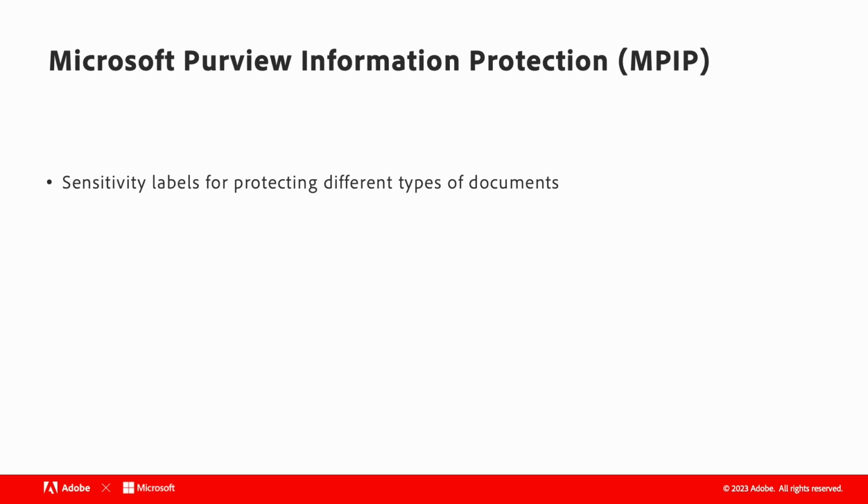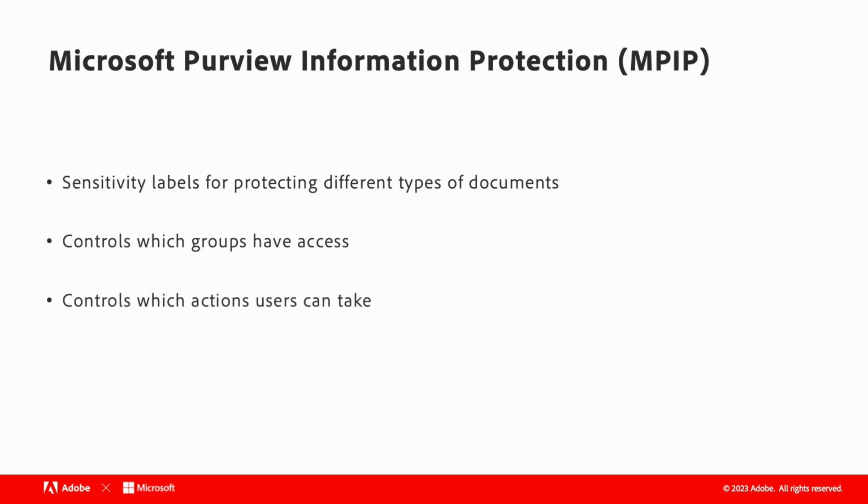So we know that a really common tool set that organizations use for protecting different types of documents is Microsoft Purview Information Protection sensitivity labels. These labels are really critical for controlling the way that we protect these different documents, controlling which groups, which types of users have access to different documents, and which types of actions they can take with those documents as well.